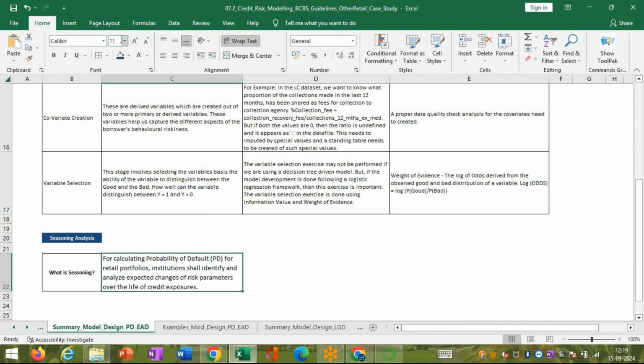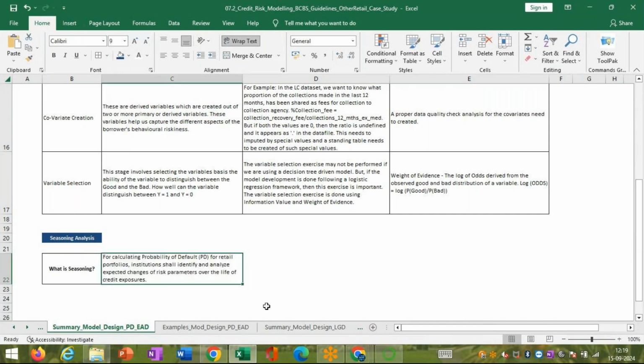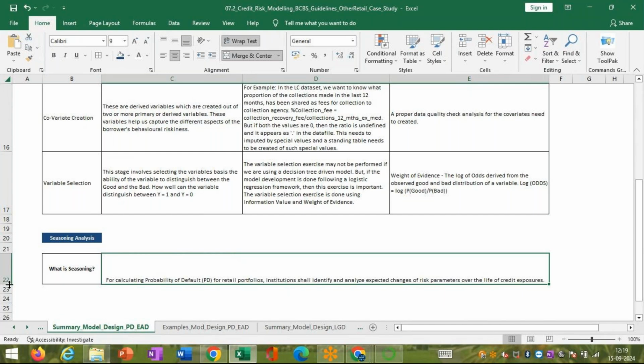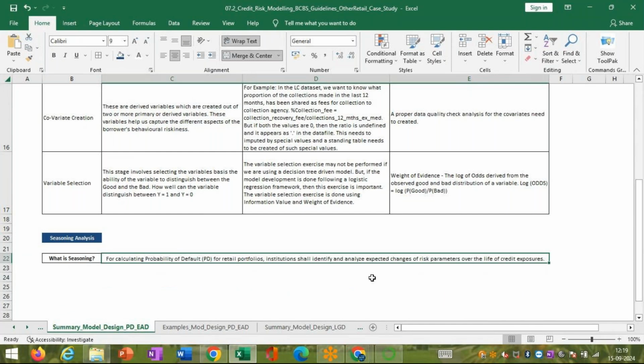And it clearly says that what the regulators tell us is that for calculating the probability of default for retail portfolios, you are looking into different kinds of risk parameters, variables and behaviors and everything.